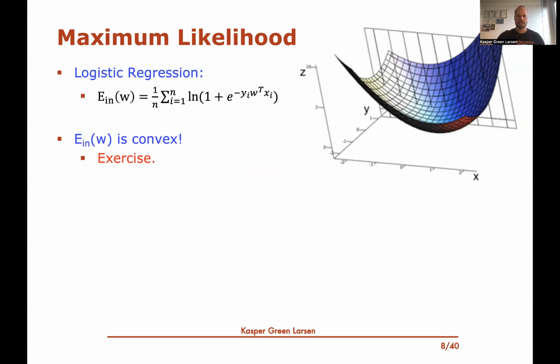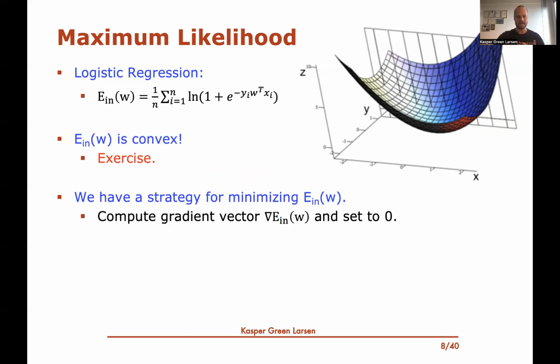So we already know a good strategy for minimizing such a loss function: we should just compute the gradient and set it to 0. We know there's only one minimum, obtained by setting the gradient to 0, and there are no local maxima and no saddle points. So all we have to do is compute the gradient vector and set it to 0, and then by convexity we've solved it optimally.